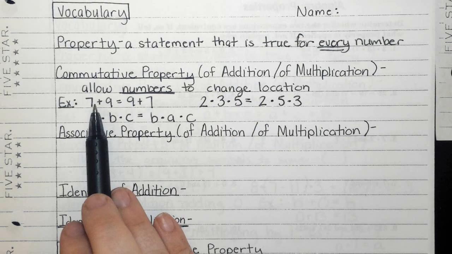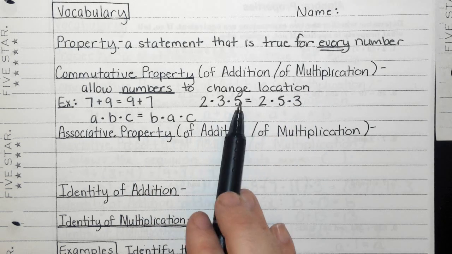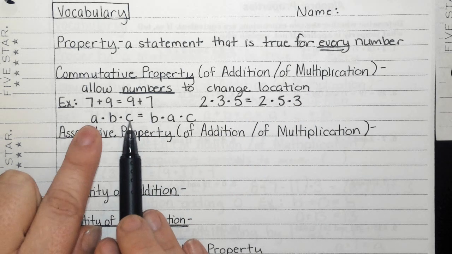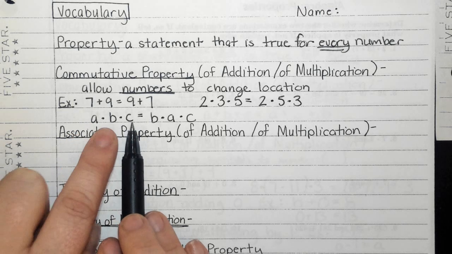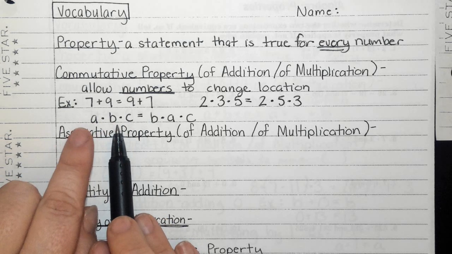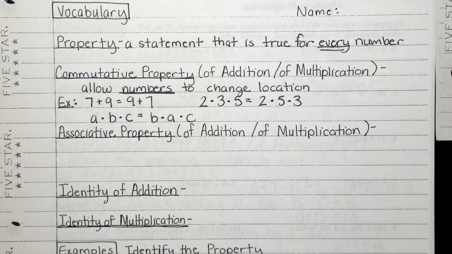So I can only really change around the addition sign. Or multiplication. I can only change around the multiplication symbol. Right now, do A and C have one multiplication symbol in between them? No, they have 2. So I have to change my A and B, or my B and C, that have 1 sign in between them. Since A and C don't share a sign, we can't change them. Okay? So they have to be neighbors to trade.